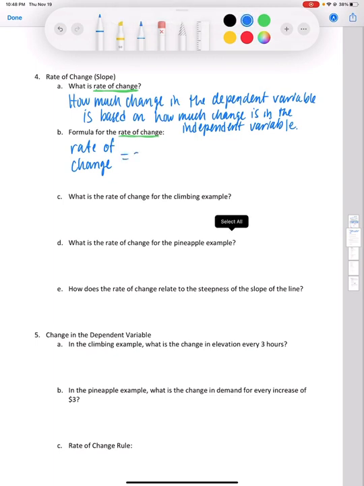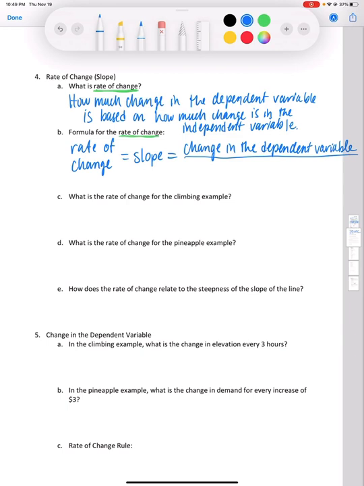The rate of change is equal to the slope, which is equal to the change in the dependent variable over the change in the independent variable.